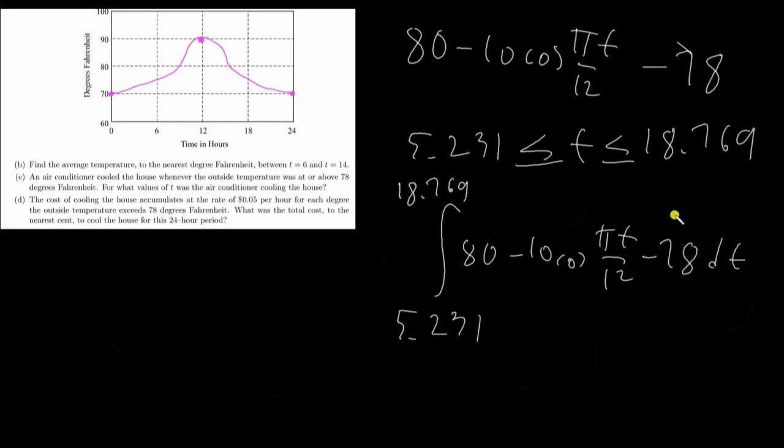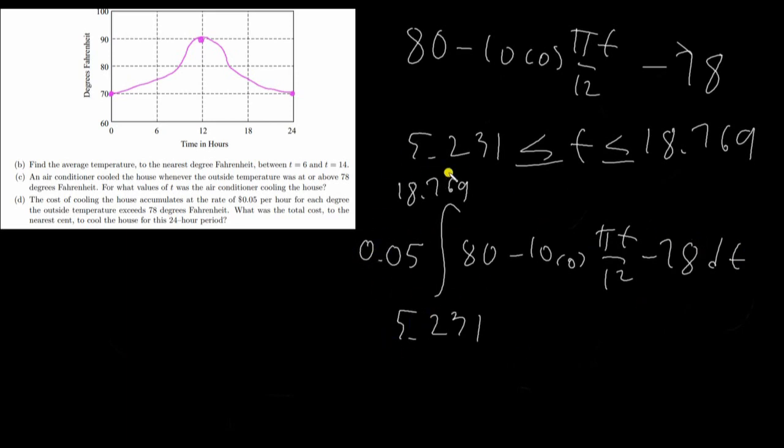And the one last thing is, this is how many degrees it would be, and then we know that it's $0.05 per hour. So to get the total cost, I'm going to take the number that I get from here and multiply it by 0.05. This is the hours, and this is the cost per hour, so it's going to give me the total cost.